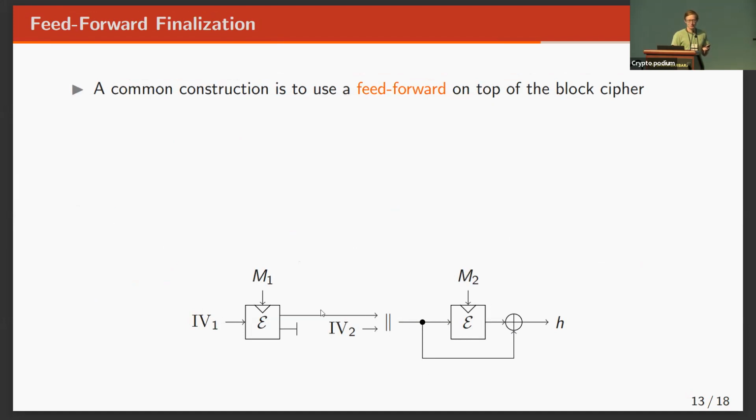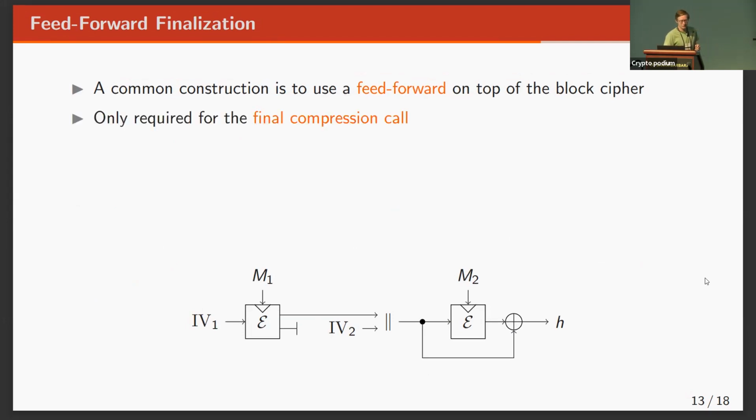The first one will always be a chaining value of a previous compression call. And for the second one, we simply use an IV. And what we see is that this feed-forward is actually only required for the final compression call, while for indifferentiability, of all compression functions, only the final one is required.